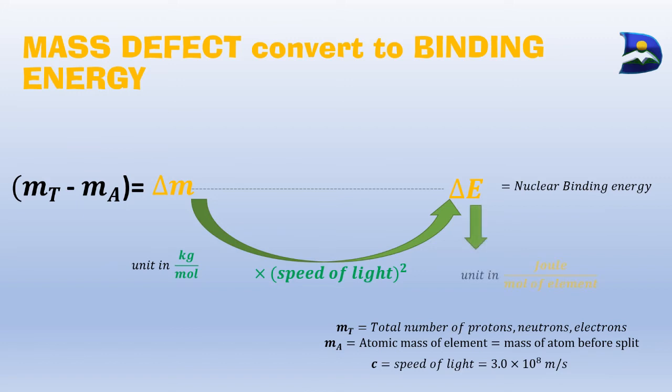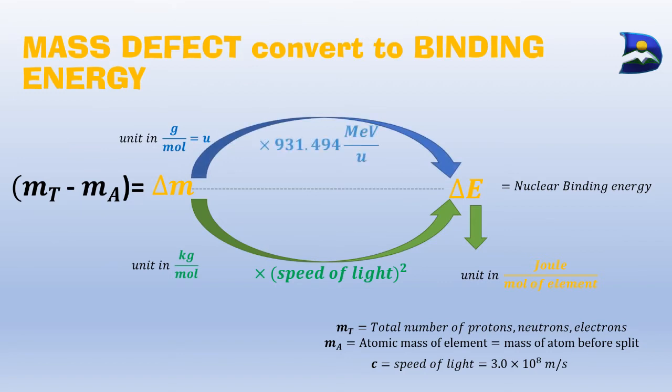That is one way. Now, the other way here is by using another different formula, but it's closely related, which is equal to change in E is equal to change in M multiplied by 9.